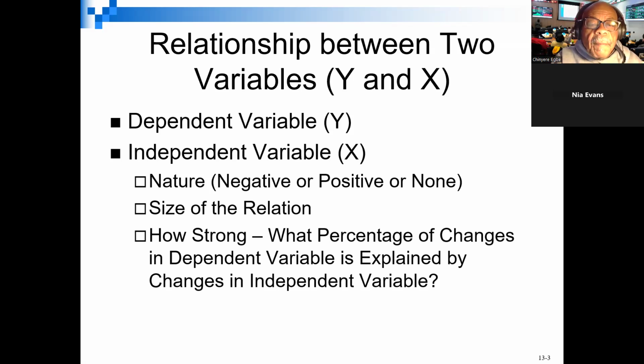So how much a family spends on food depends on how many persons are in the family. The values of a dependent variable depend on the values of the independent variable.